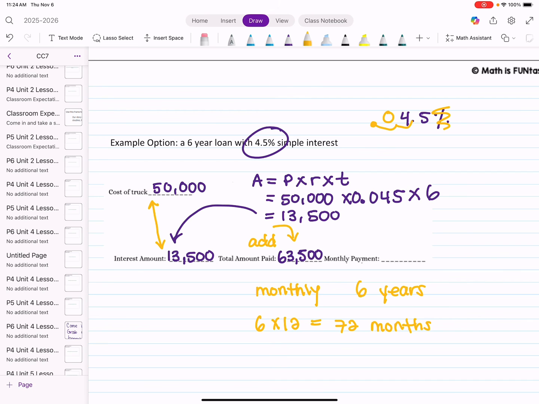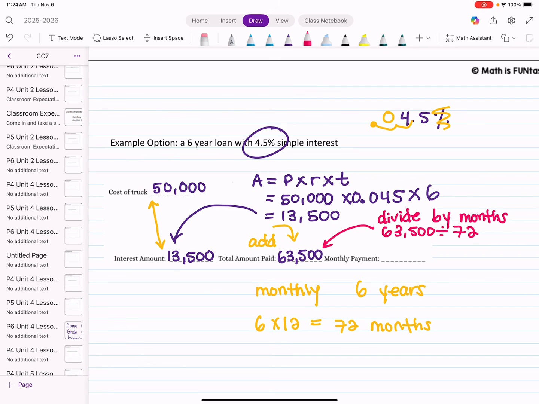So now to find the monthly payment, I would take the total amount paid and divide by the total amount of months. So here I would do the 63,500 divided by 72 because there are 72 months in 6 years.